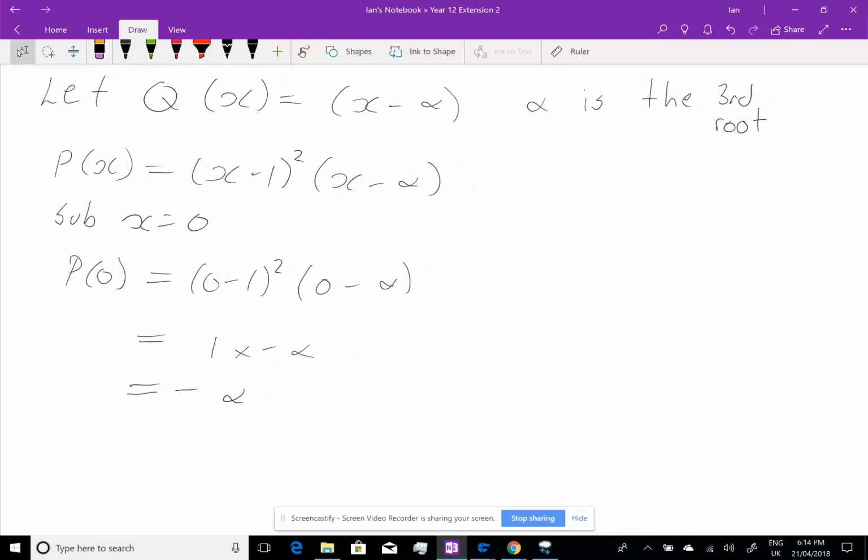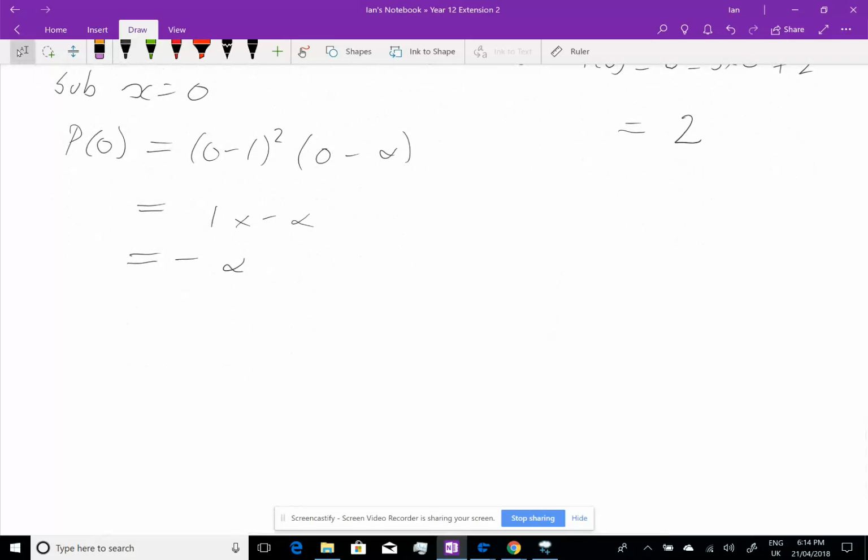But because I know the original equation, P(0) equals 0 cubed minus 3 times 0 plus 2, which equals 2. Therefore, negative alpha must equal 2. Therefore, alpha equals negative 2.